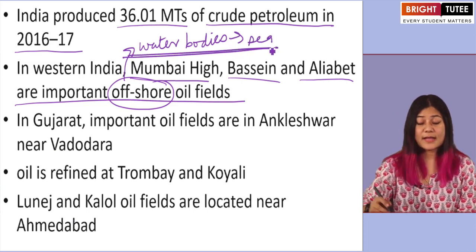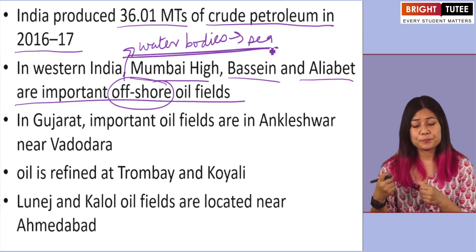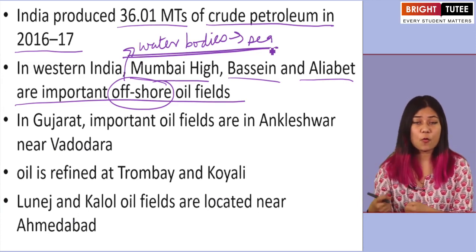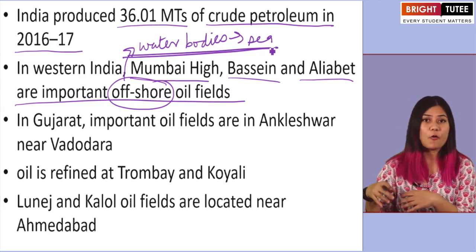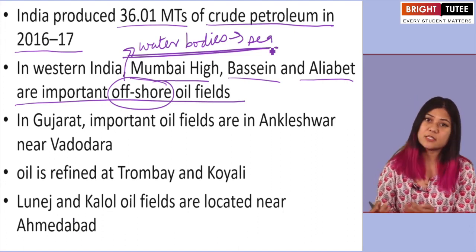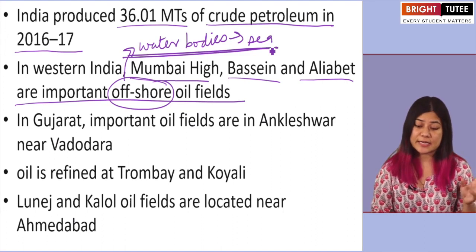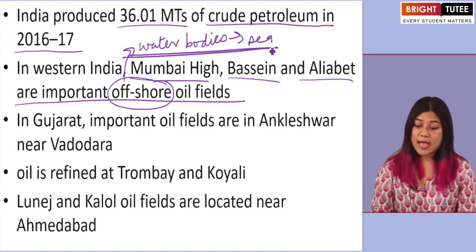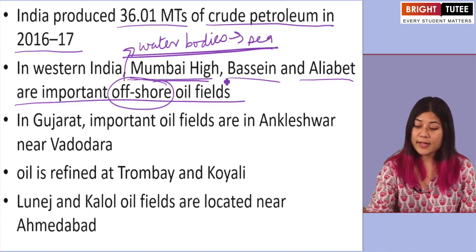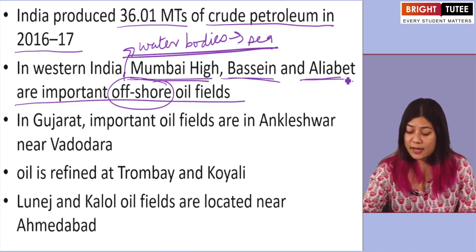We know that when we dig for crude oil, we dig on the land surface as well as offshore. So the offshore oil fields in India are found in the western part of our country, and they are Mumbai High, Basin and Alia Belt.